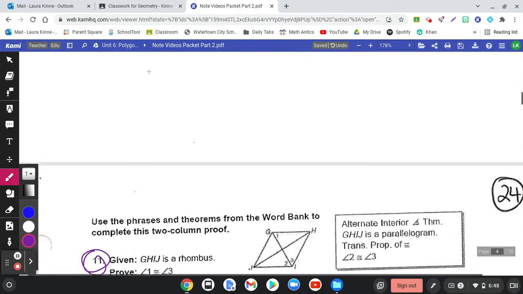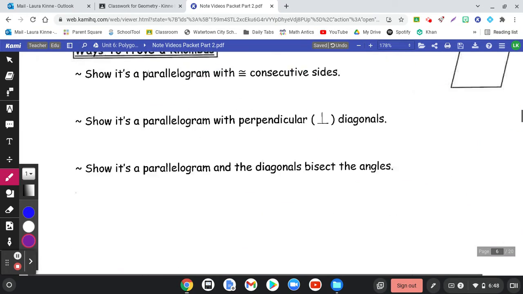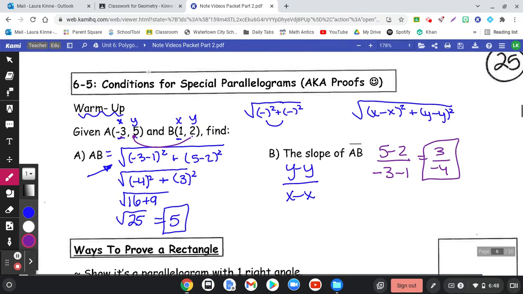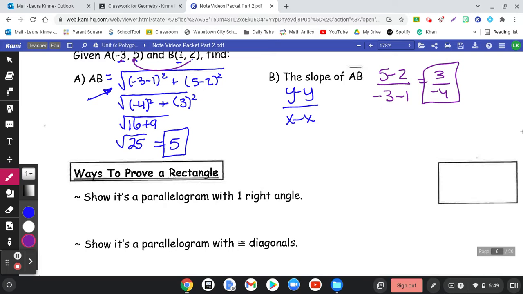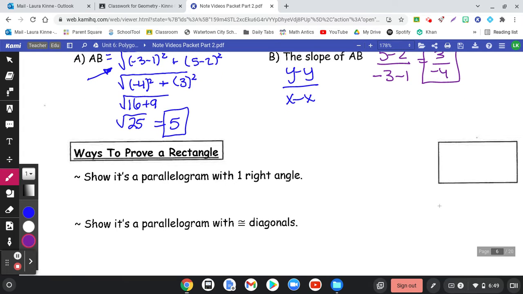Okay, so let's go back down. Again, we're on page 25. So for this, if you show it's a parallelogram with one right angle, if you show that 2 consecutive sides are perpendicular, what I mean by that, so if I showed this side and this side are perpendicular, I would show there's a right angle.